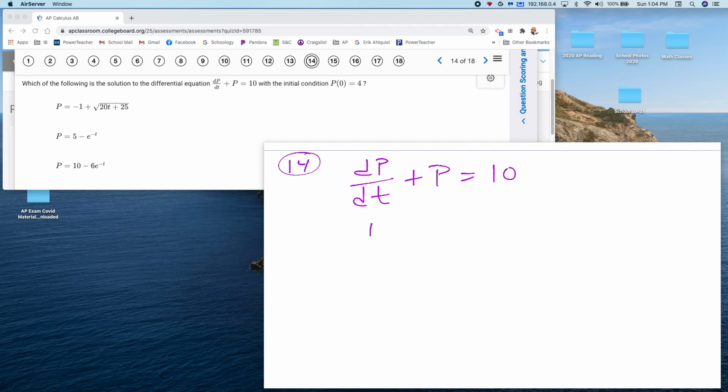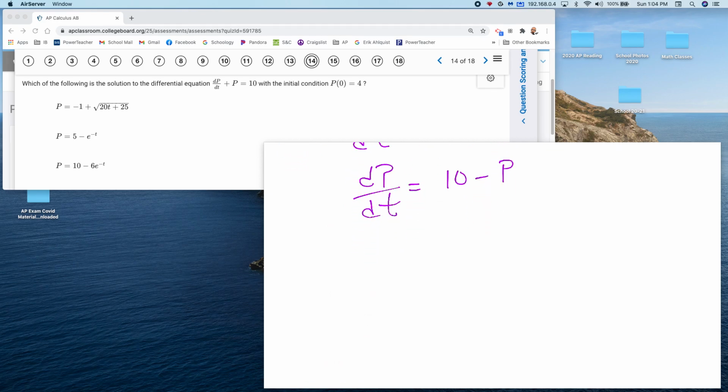But this one, we really need it to be the differential is equal to everything else. And now I can separate these variables. This is a tricky one. This is one that tends to show up a lot on the AP exam. But what I would do is I would divide by this, and I would multiply by dt, and that's just a 1 over there.